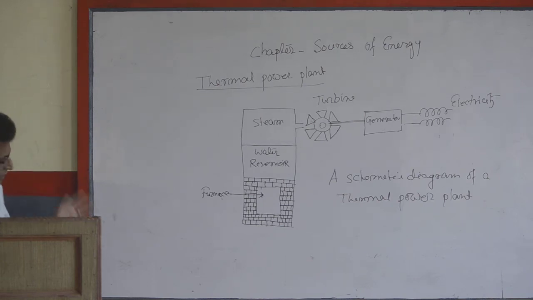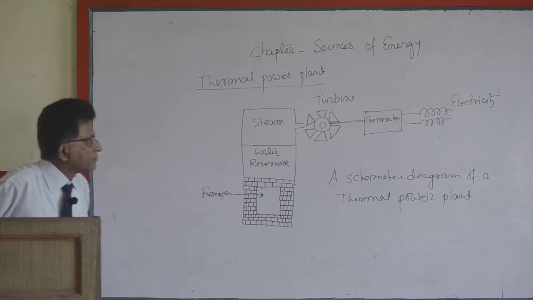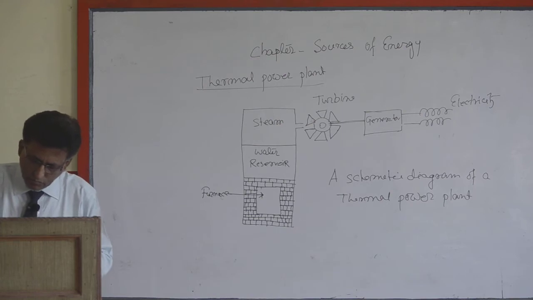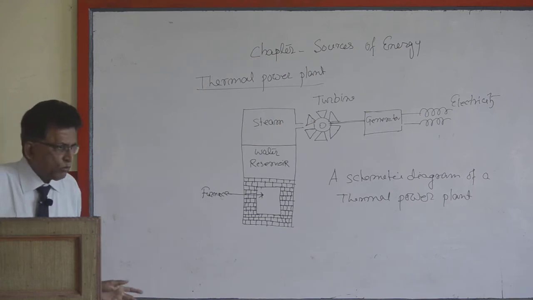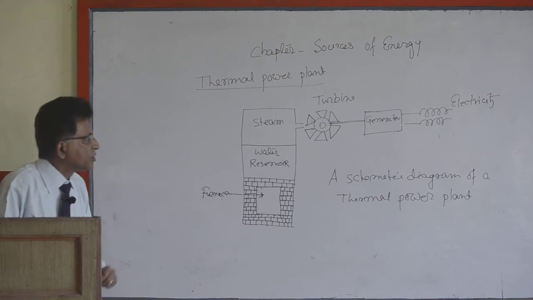The steam falling on the turbine, whose axle is connected to the generator, produces electricity.